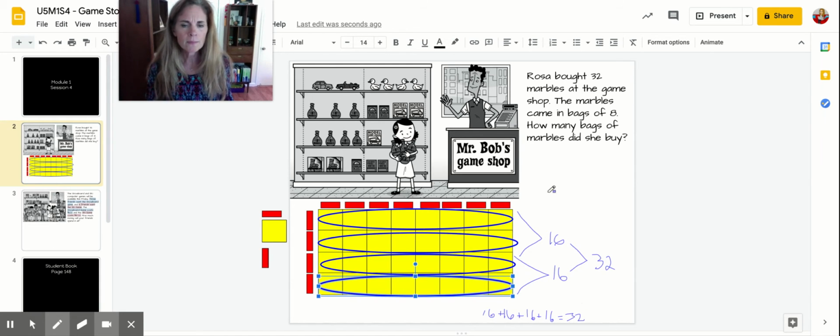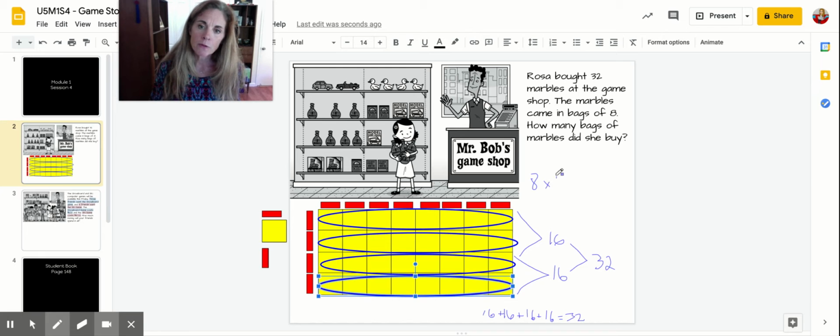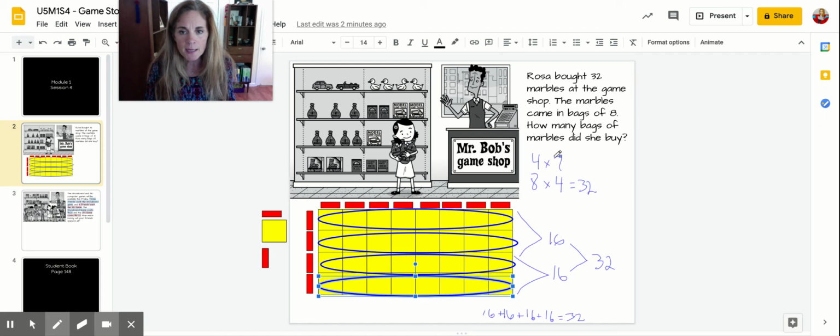But some of you are saying, yeah, but you could have done 8 marbles times 4 bags equals 32. Another way to say this is 8 groups of 4, or, well, if we put it this way, I like saying 4 groups of 8 is 32, but you can write it either way.